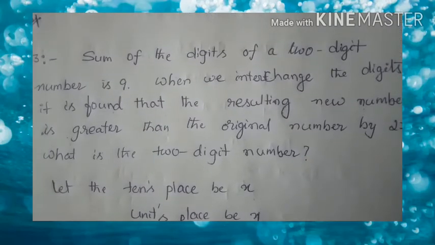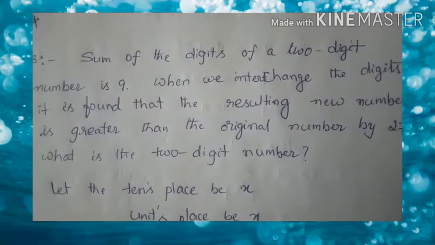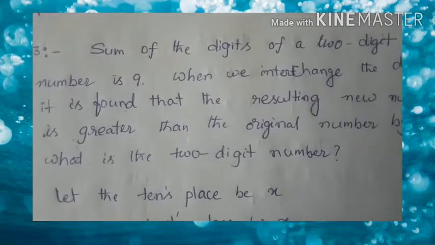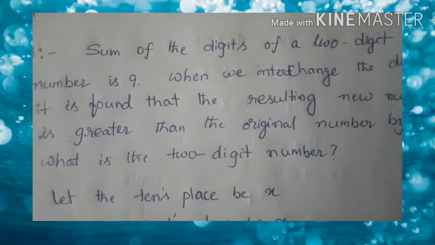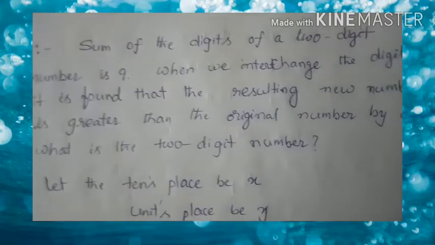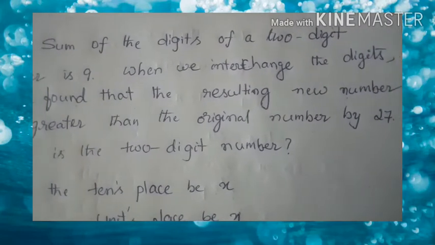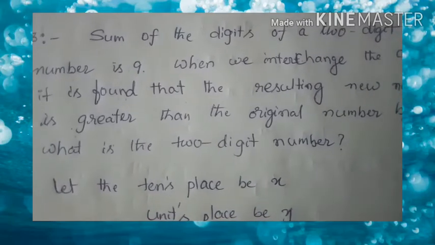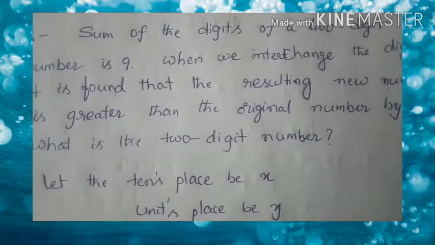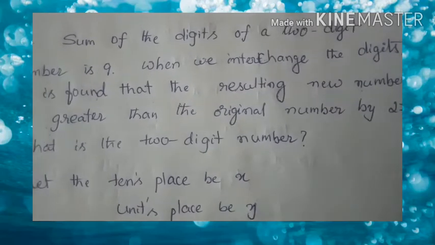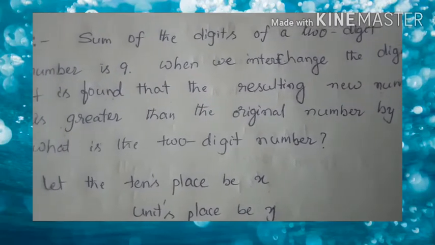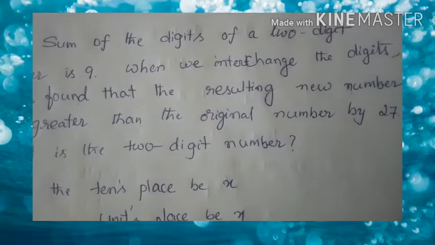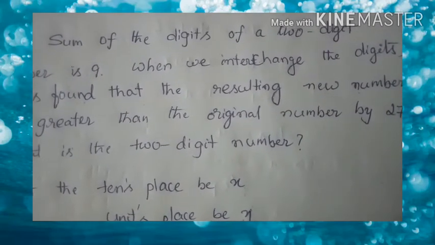The next one is also the same digit-based sum. The sum of the digits of a 2-digit number is 9. When we interchange the digits, it is found that the resulting new number is greater than the original number by 27.